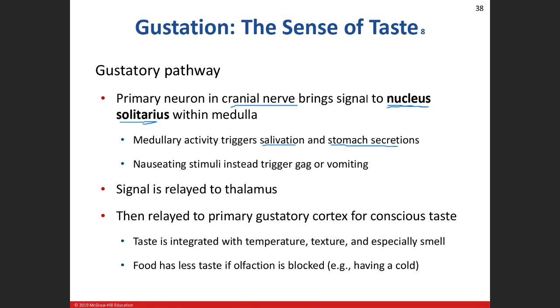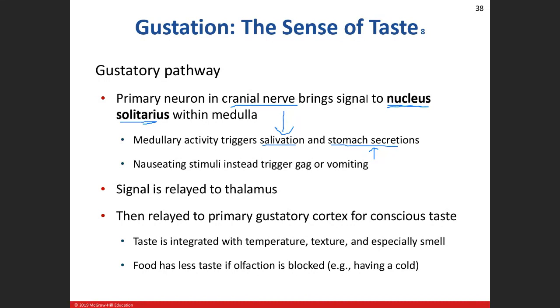Cranial nerves 7 and 9 are both. So they are going to trigger the beginnings of salivation, cranial nerve 9 and 7, and then you get to start to see the stomach.